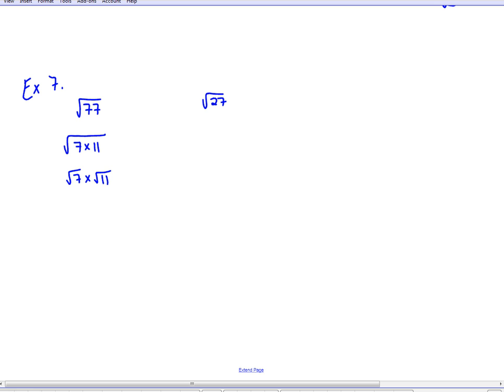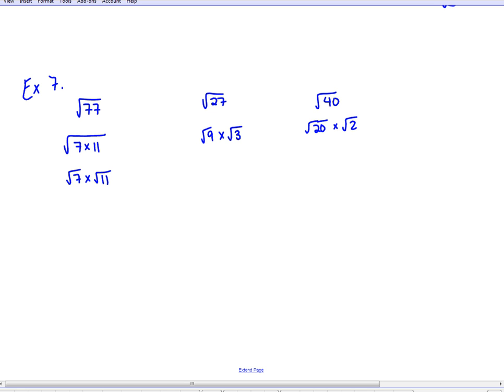Okay, root 27. What are two numbers that multiply to 27? 9 and 3. So I'd write that as root 9 times root 3. Good. And root 40? There's more than one way, right? So there's 20 times 2, so you could write it as root 20 times root 2.